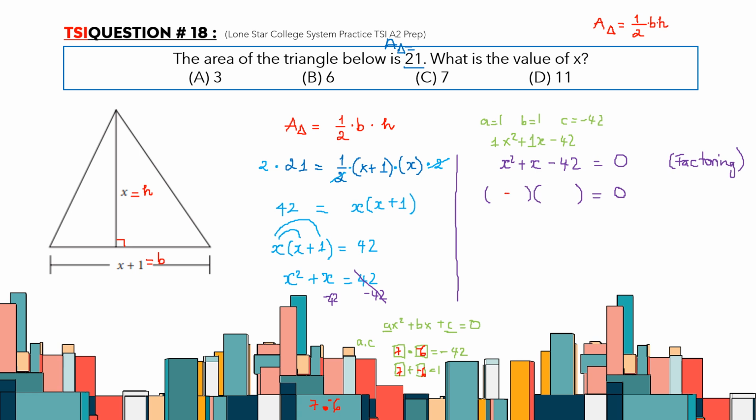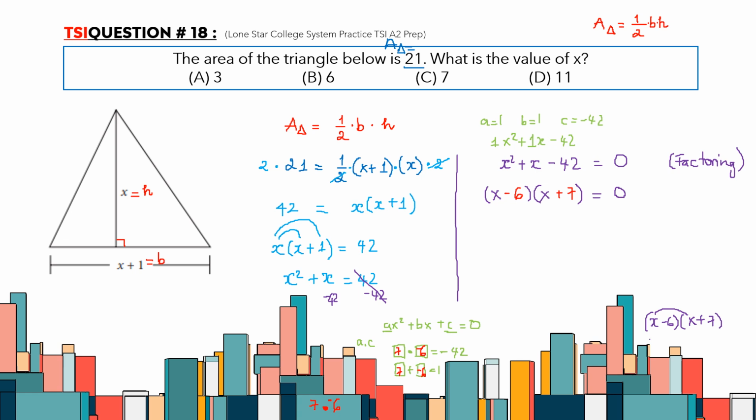Now we can plug this in. Right here is minus 6, right here is positive 7, and then we have x. To check it again, you can do x minus 6 times x plus 7 to make sure we get what we started with.